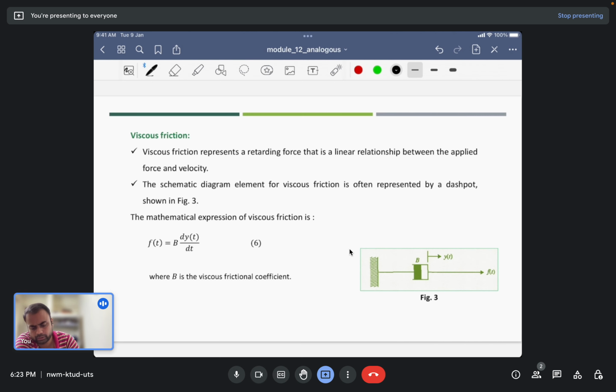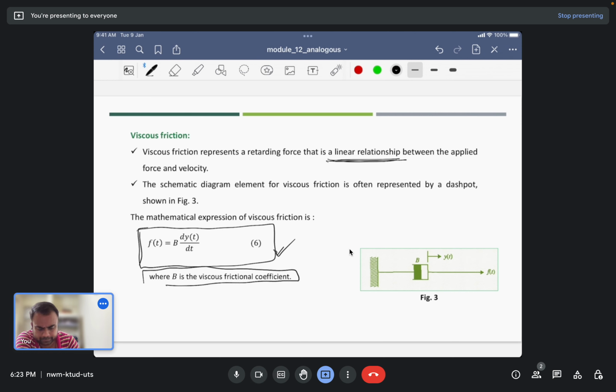So it is clear that viscous friction generally follows this linear relationship and is given by equation 6. Here b is the viscous friction coefficient.